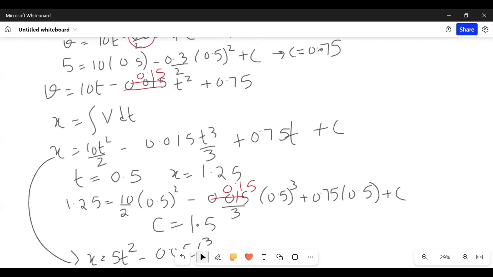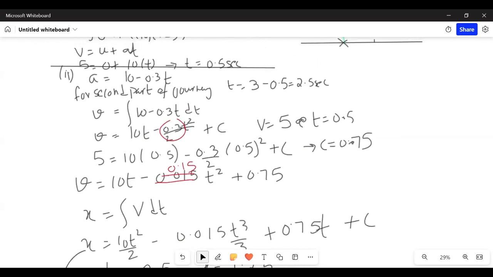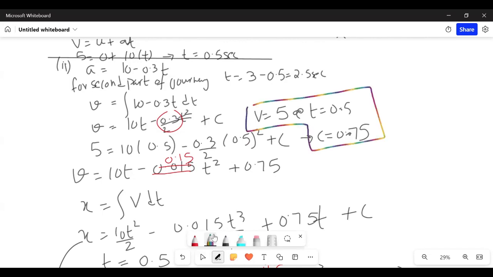ये भी गलत आ रहा है, चेक। 0.75 नहीं लिखा हुआ। C is, I'm sorry, यहाँ पे ना C5 आता है। ये मैंने गलती की हुई है। यहाँ जो मैंने वैल्यू सब्स्टिट्यूट की थी, I said V is 5 at the end of A, मतलब at A V was 5, T was 0.5 and C also comes out to be 0.75.